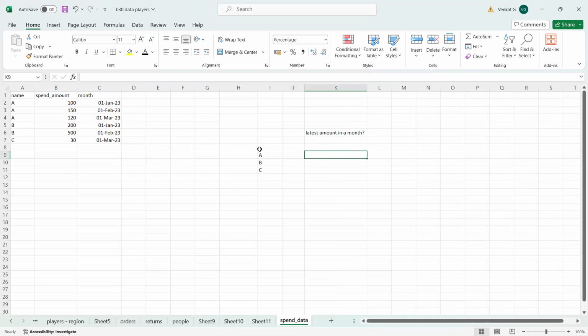Person A spent January 100 rupees, February 150 rupees, March 120 rupees. What is the latest month for person A? March.